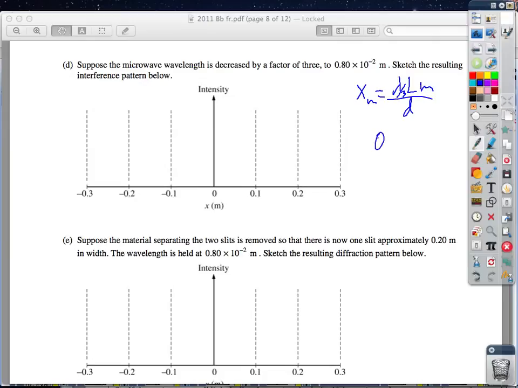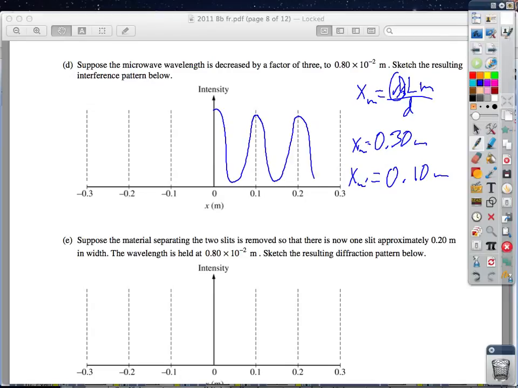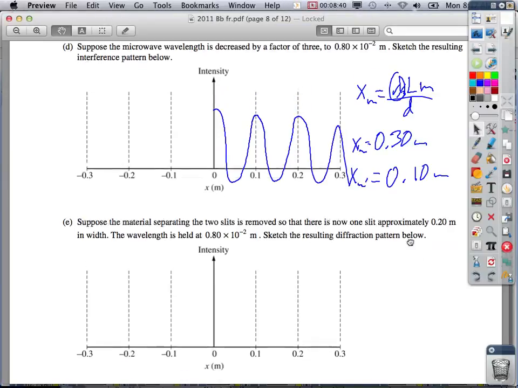If x_m was 0.30 meters, x_m prime is going to be 0.1 meters, right? Because if you make this decrease by a third, then it's going to decrease this by a third. Questions? All right, then.